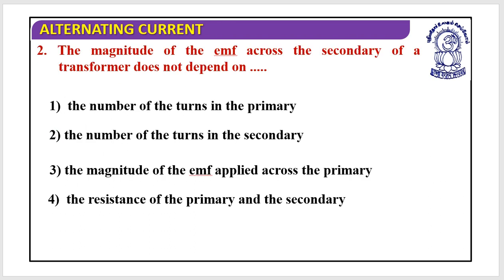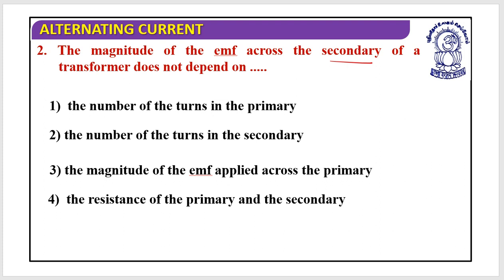Next, the magnitude of the EMF across the secondary of a transformer does not depend on which of the following: the number of turns in the primary, the number of turns in the secondary, the magnitude of the EMF applied across the primary, or the resistance of the primary and the secondary.